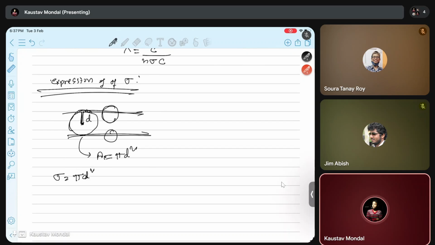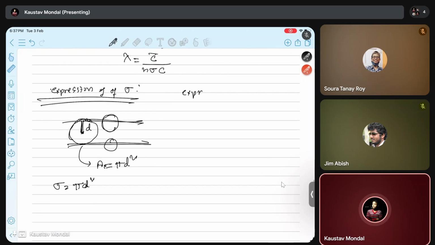For c, there are many order corrections. There is the zeroth order correction, which assumes that all the molecules are frozen.